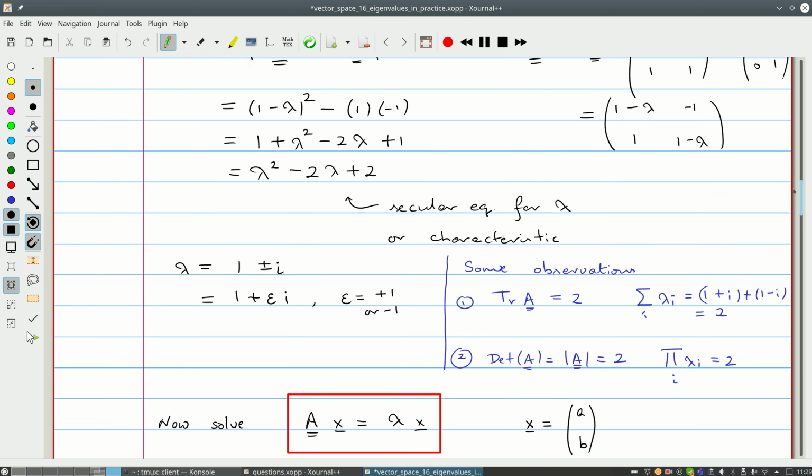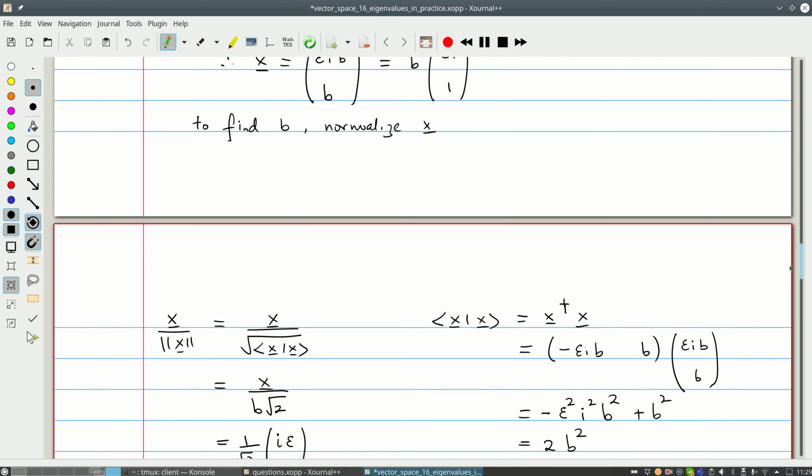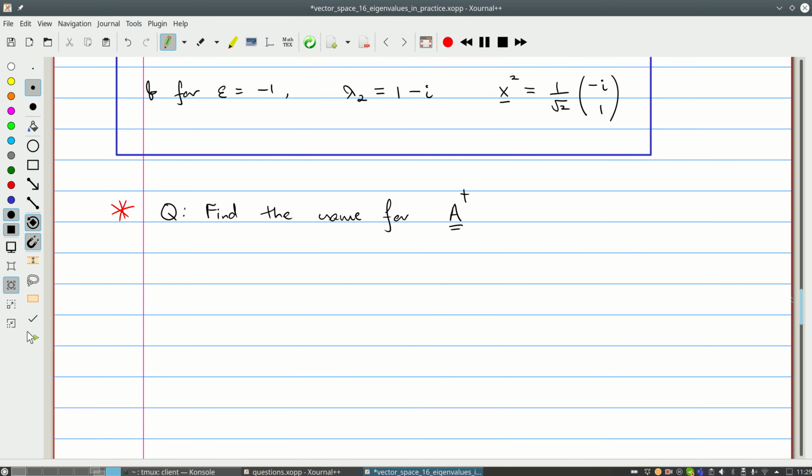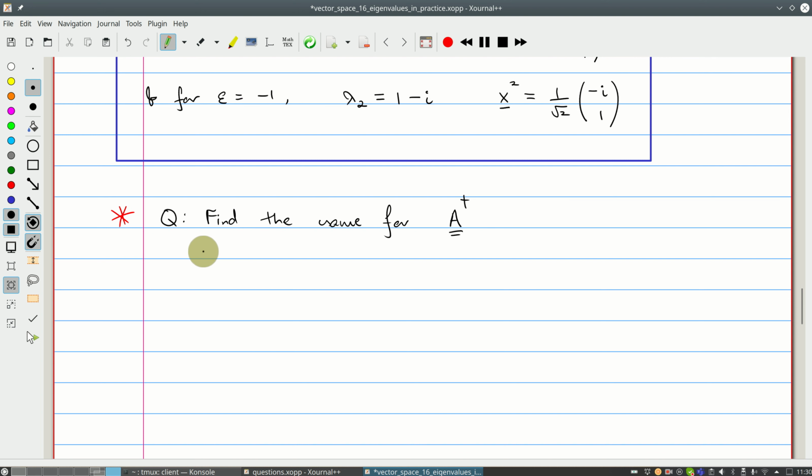On the other hand, and I'm going to leave this for you to fill in the gaps, you could realize that A A dagger is equal to A dagger A. That is, the matrix A commutes with its adjoint.